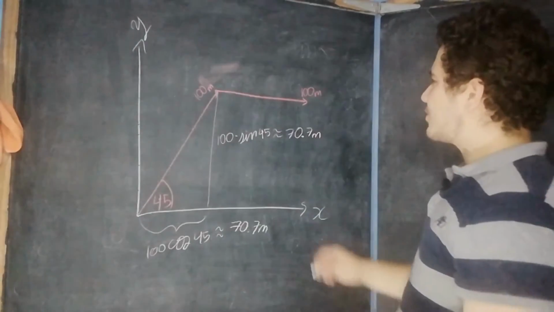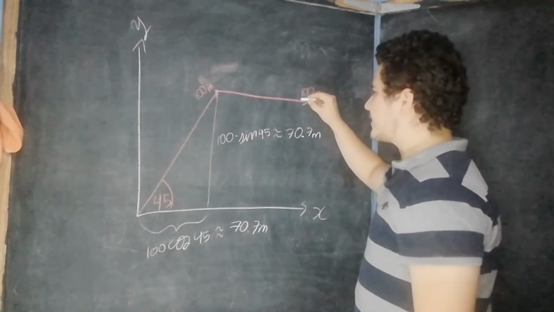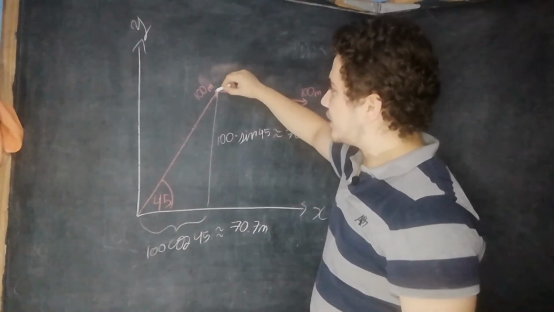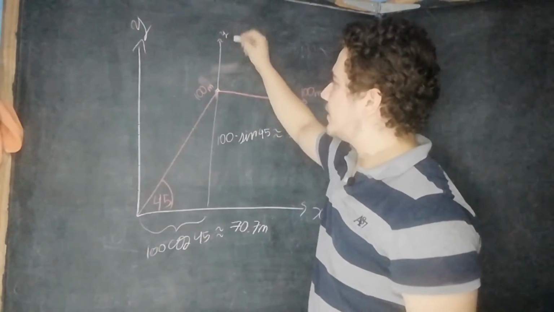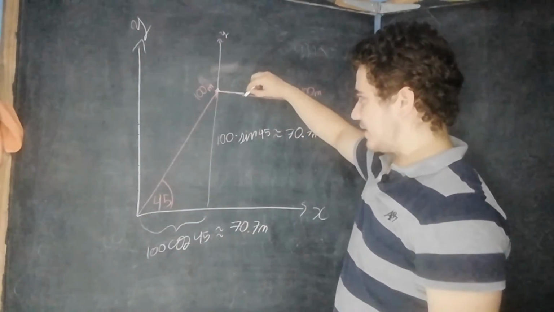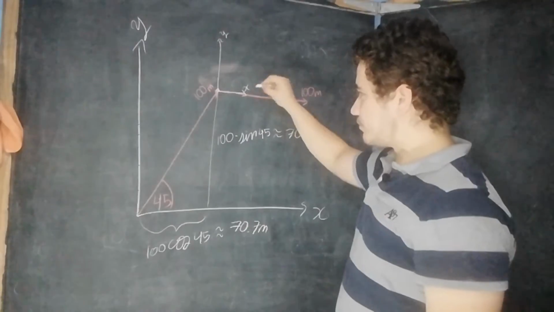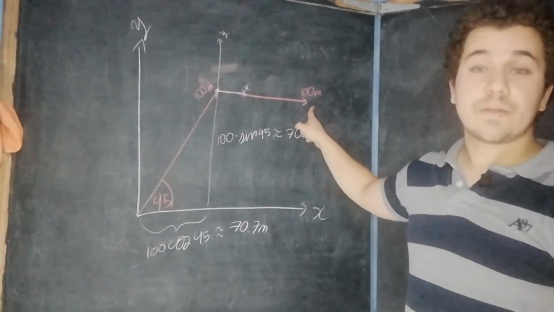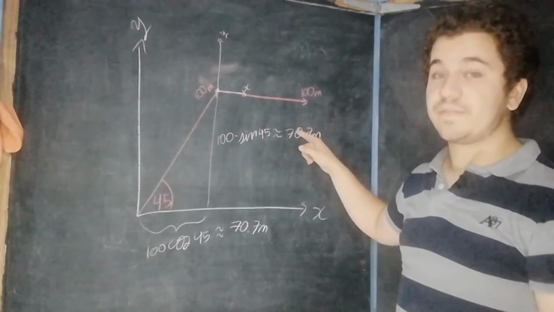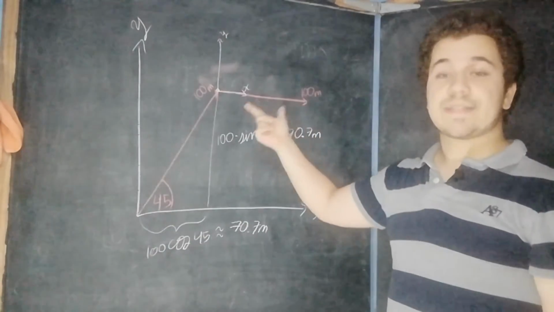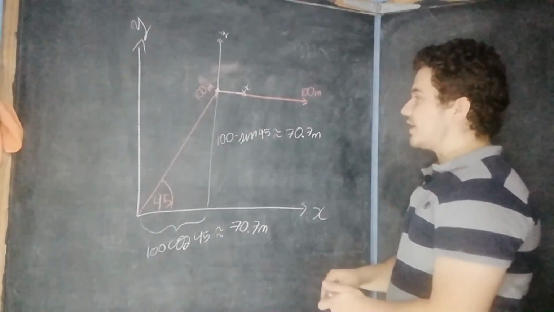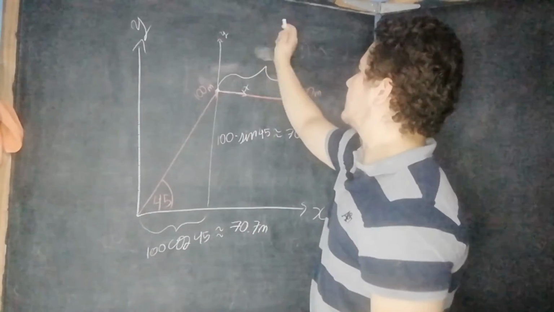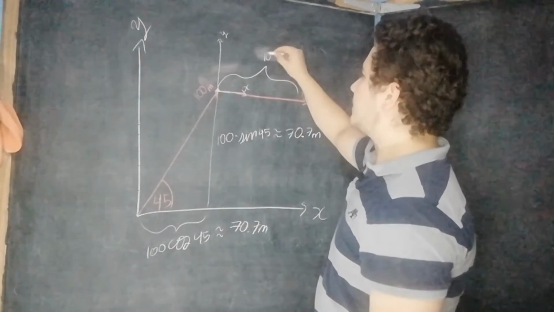If we draw a miniature coordinate system at the tail of the second vector, the vertical will go up and the horizontal axis, the x-axis, will be just above the vector. The vertical component of this vector will be 0, and the horizontal component of the vector would be just the magnitude itself. So here the horizontal component, A, will be just 100 meters.